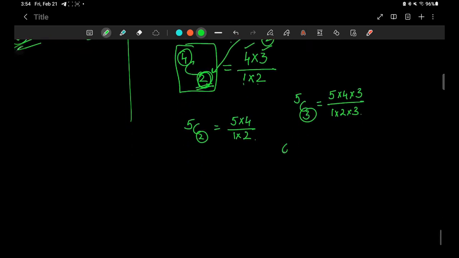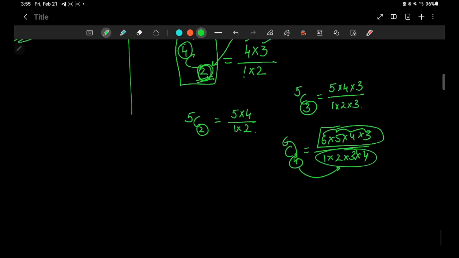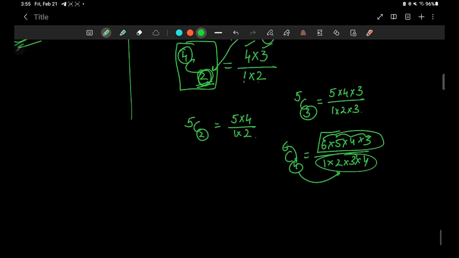Another example, 6C4. How do you do this? 6 into 5 into 4 into 3 by 1 into 2 into 3 into 4. 6 you have to decrease 4 times. So this is how you can simplify this.